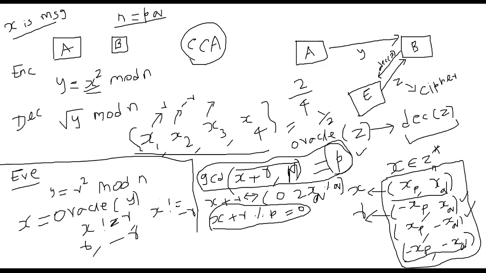If the response is different from R or minus R, she knows that all she has to do is compute the GCD of X plus R with n. X is the reply she got back from the decryption oracle. And this line is extremely simple, GCD of X plus R and n, and she gets the prime factor P. Okay, and the other factor is n by P.